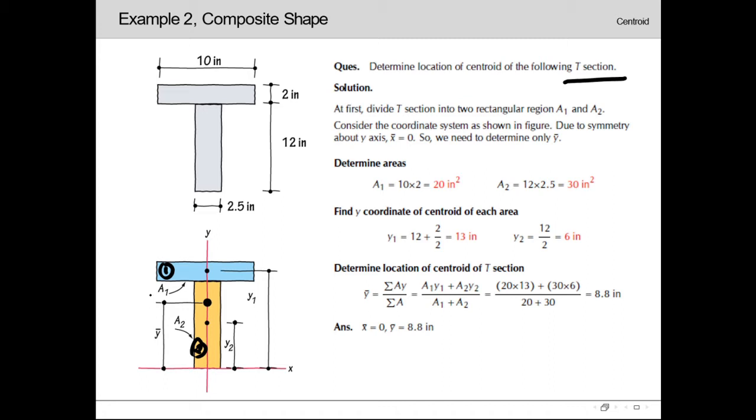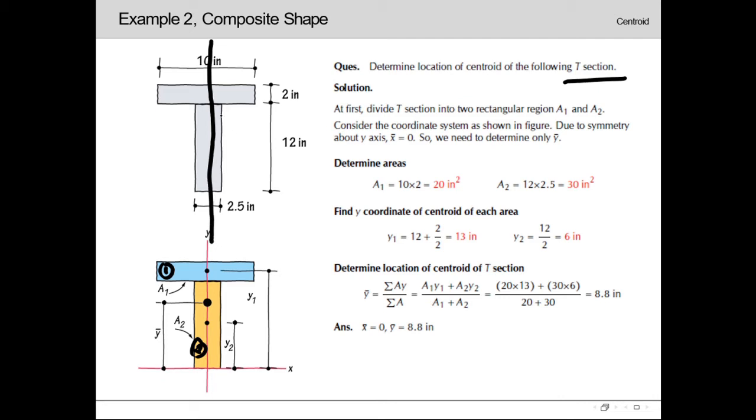Yes, we can consider it starting from here as 0, 0, but if we consider this y axis at the mid portion or at the mid of this section, then it becomes much easier to locate the centroid, as the full T section is symmetric with respect to the y axis.